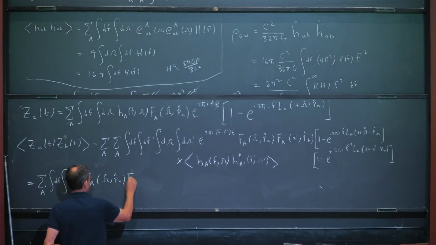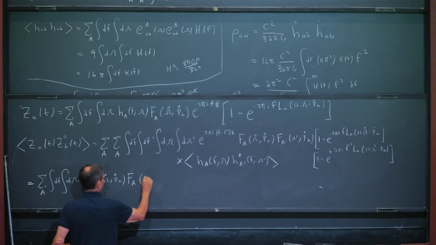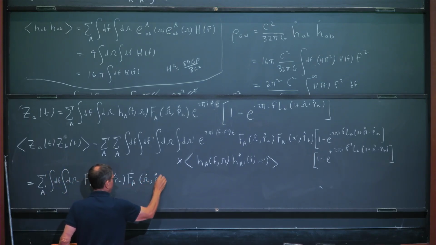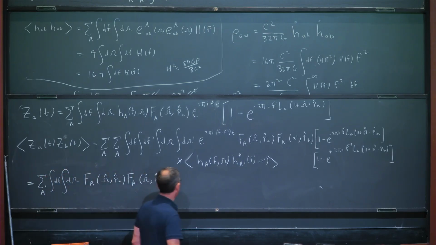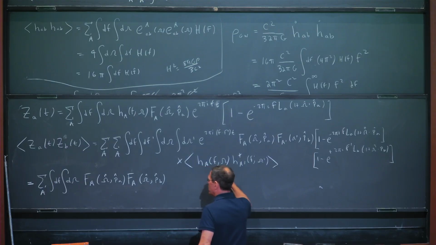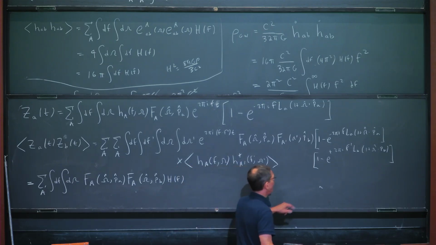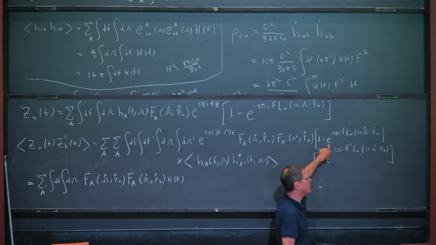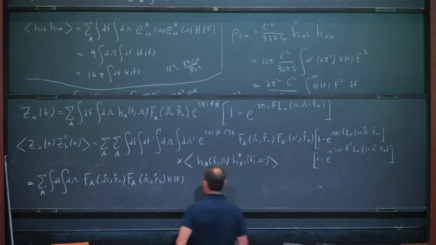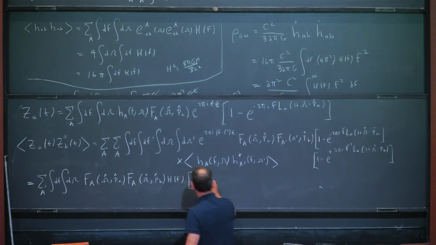Then there's going to be another F, also polarization A, of omega hat, p hat b. So there's our two pulsar directions appearing. We're going to get a spectral function h of f. And finally, last but not least, we're going to get the product of the difference between the Earth and the pulsar terms. And that I'm going to write out in full because it's going to turn out that that's got some very interesting features.